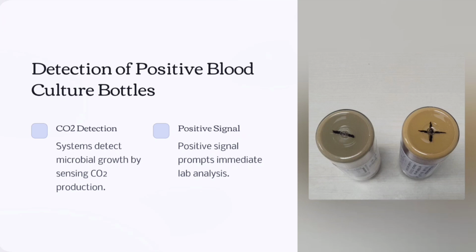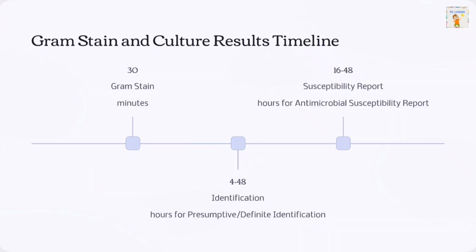This color change is because of microbial growth leading to carbon dioxide production and a pH indicator color change, and this positive change is automated.